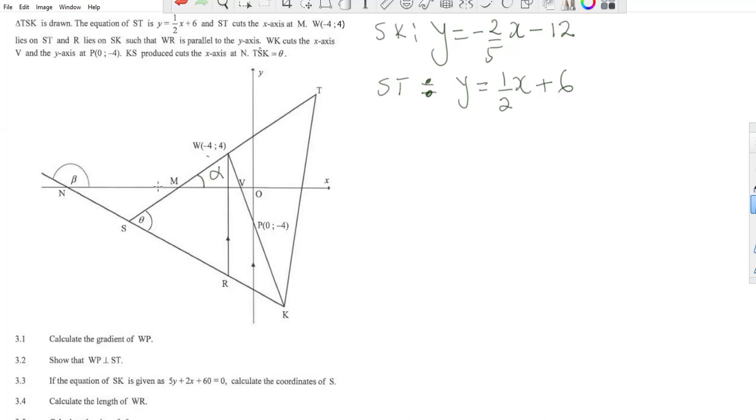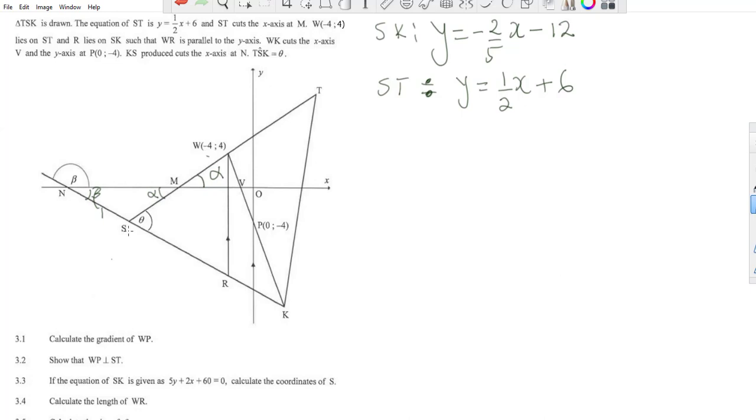Remember, the vertical angles will be equal. So this angle here also will be alpha. So once we have alpha here, and we get this angle beta, then we'll know this angle that I will call beta 1.